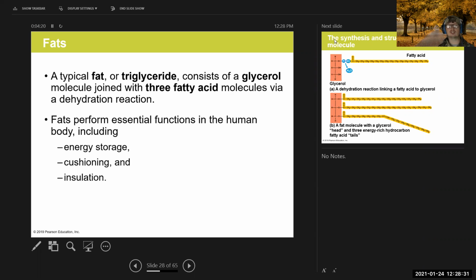And fats are really important for organisms in that they not only produce energy, but they also produce insulation, and they also help cushion. So for example, fats are used to cushion forces that hit the body from some external force, as well as for energy and insulation.